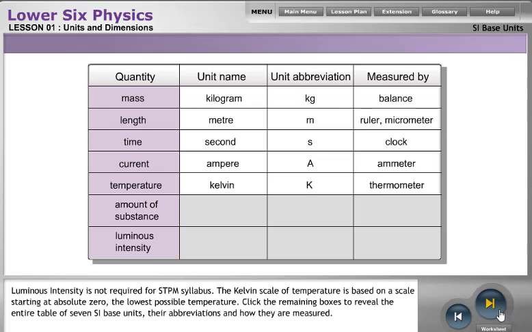Luminous intensity is not required for the STPM syllabus. The Kelvin scale of temperature is based on a scale starting at absolute zero, the lowest possible temperature. Click the remaining boxes to review the entire table of 7 SI base units, their abbreviations, and how they are measured.